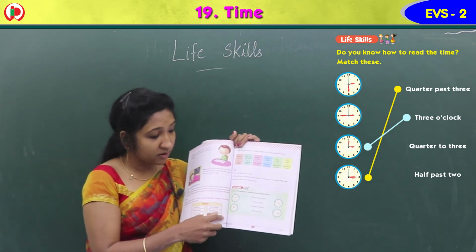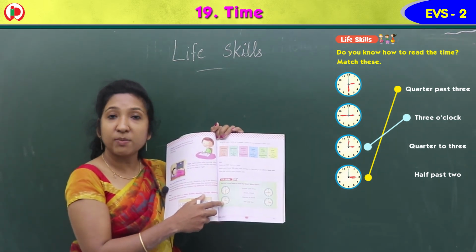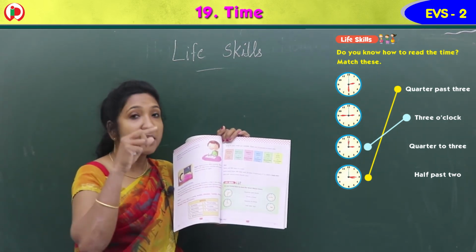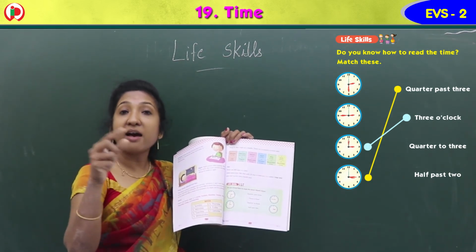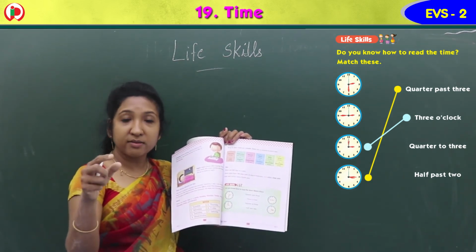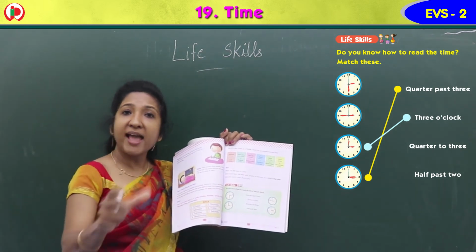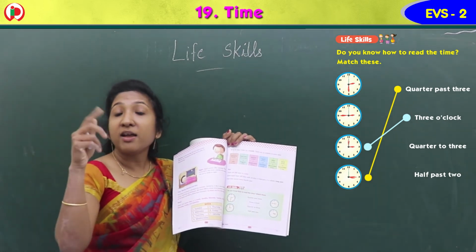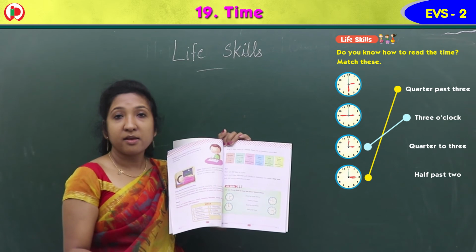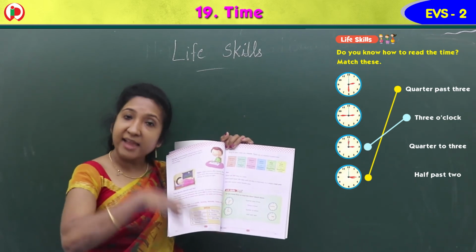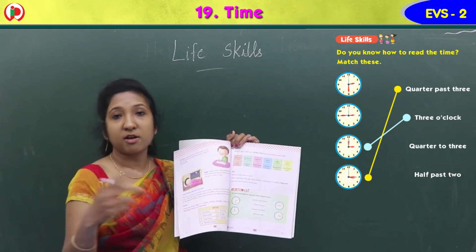Okay. So 3 o'clock means here. The minute hand, the longer hand, will be at 12, and the hour hand will be at 3, that is 3 o'clock. Then 4 o'clock means the longer hand is always at 12 and the hour hand, the small hand, will be at 4. 2 o'clock means longer hand 12 and the smaller one, the hour hand, at 2, so 2 o'clock, like that.